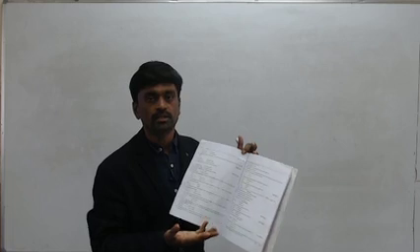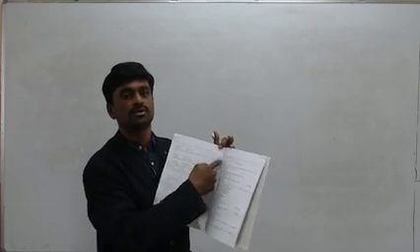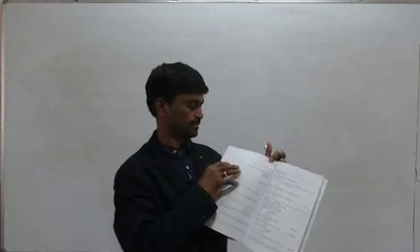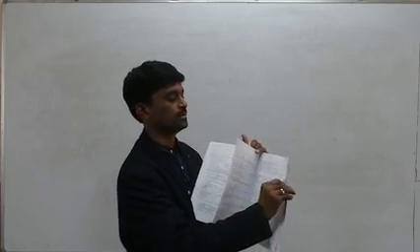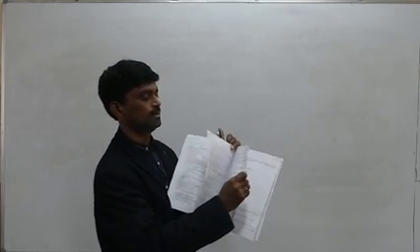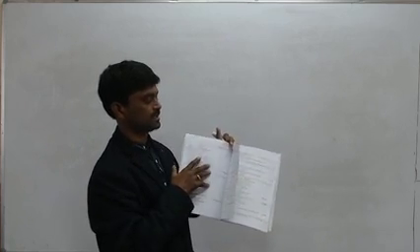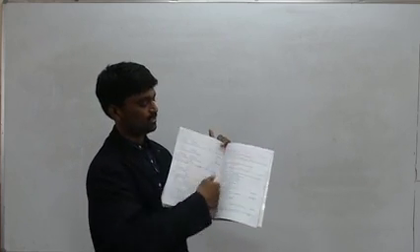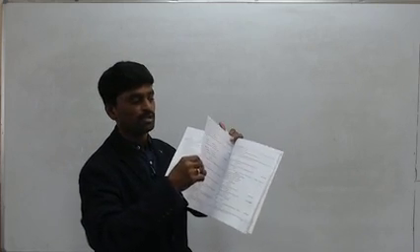Now, how many planes can we draw passing through the line of intersection of these two planes? Infinitely many. Suppose I take it like this. This is the first plane, this is the second plane, and this will be the line of intersection, and this is a plane passing through the line of intersection of these two planes.